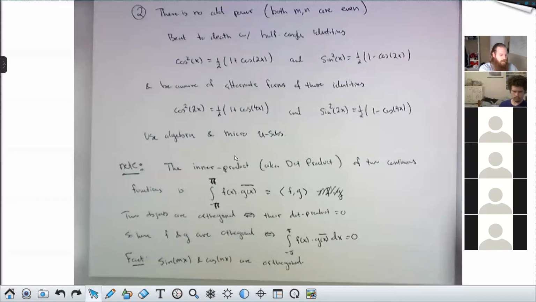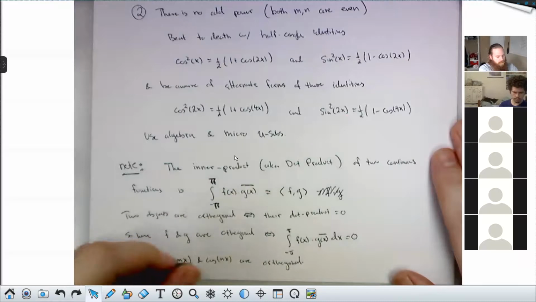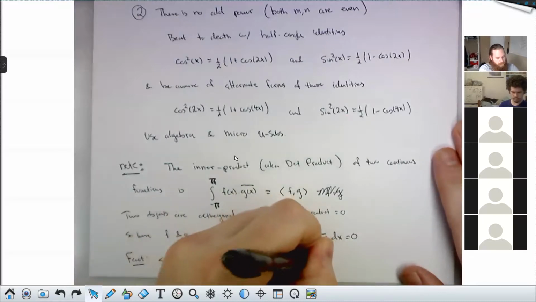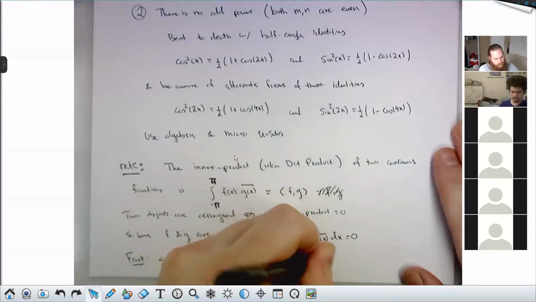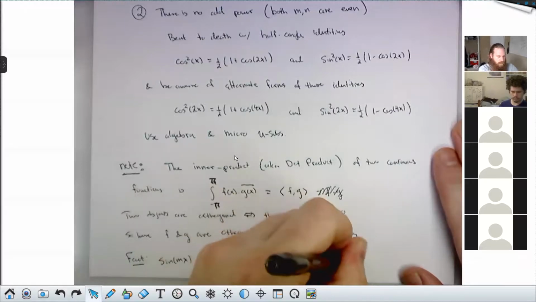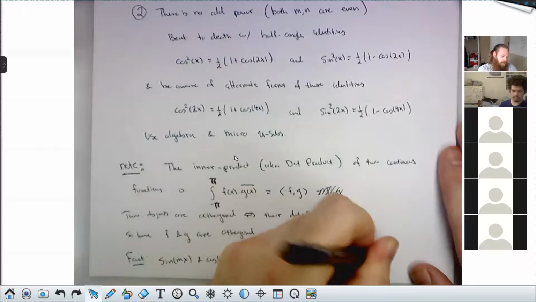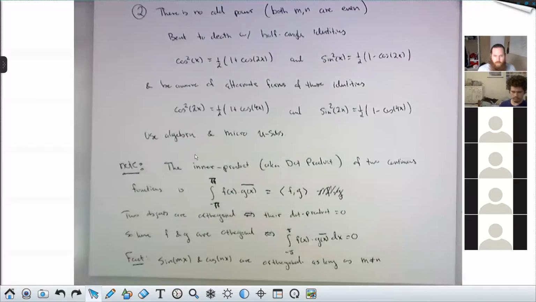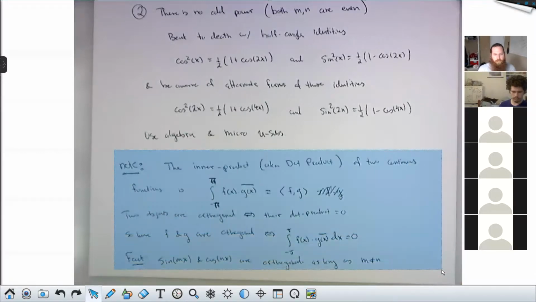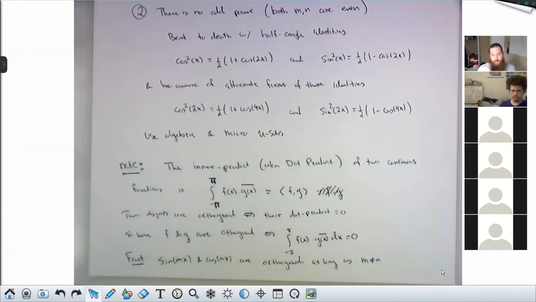Sine and cosine are orthogonal as long as their frequencies are different, meaning as long as m is not equal to n, this dot product will always come out to 0. So fun fact, I will talk more about the significance of this stuff and Fourier series a little bit later in the semester.